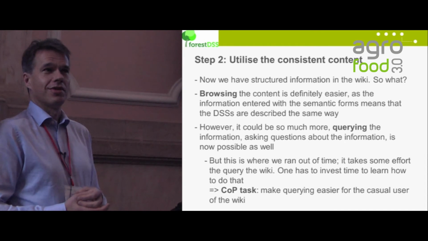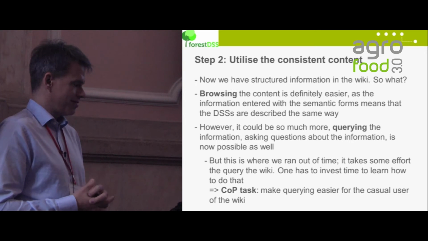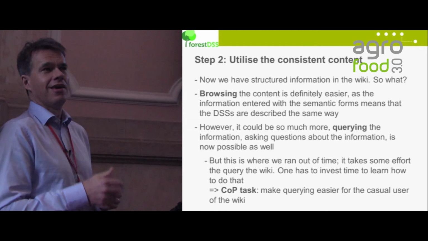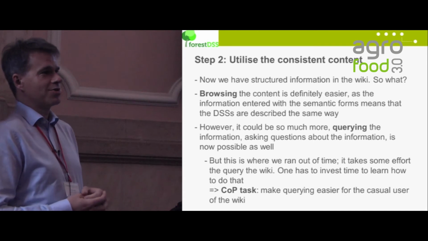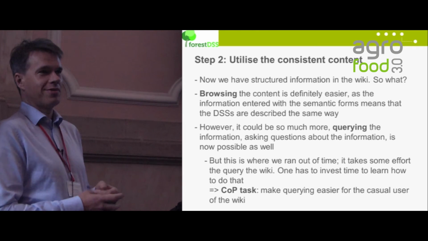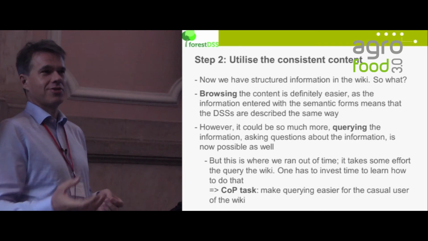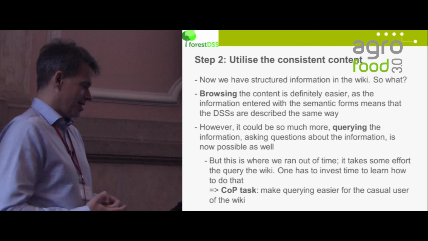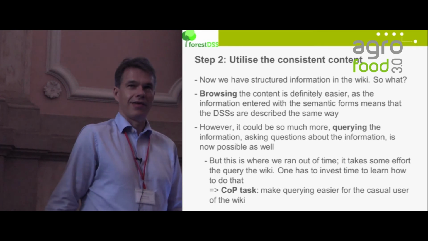Again, we have a community of practice task: the querying should be easier for the casual user, because that's really where the value of this information repository of forest decision support systems comes into play. When somebody who has a question about this topic is able to go to the wiki and easily ask the question and get the answers. In my opinion, we are not quite there yet.